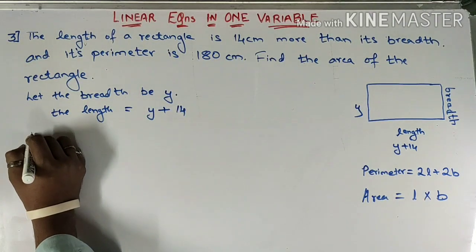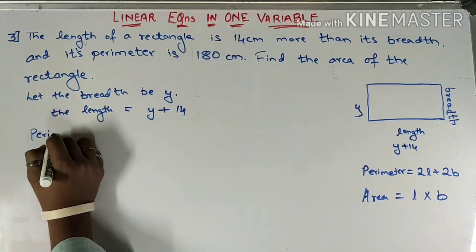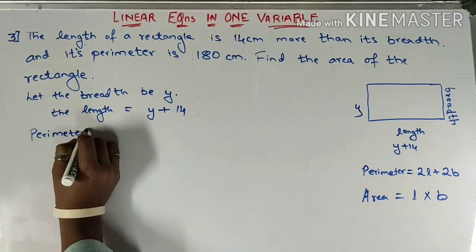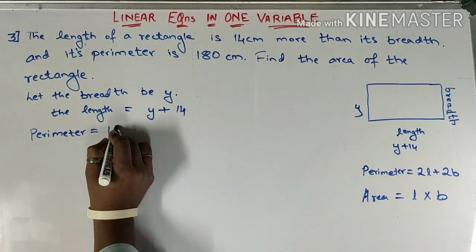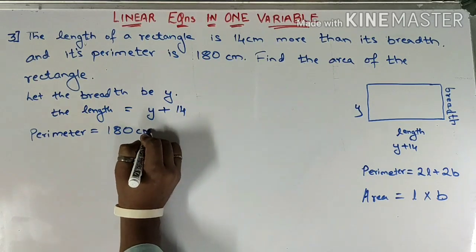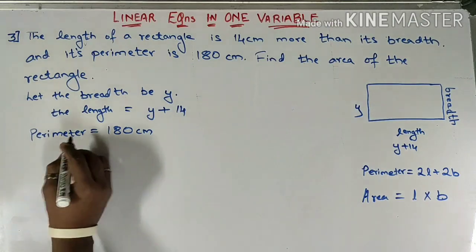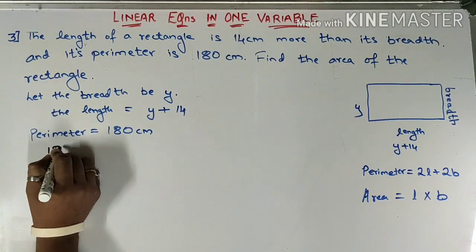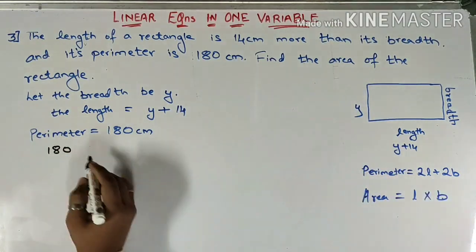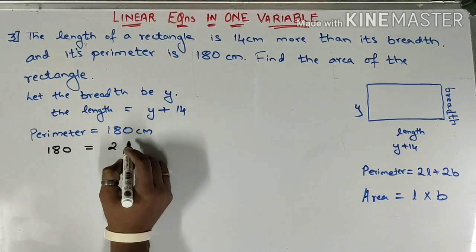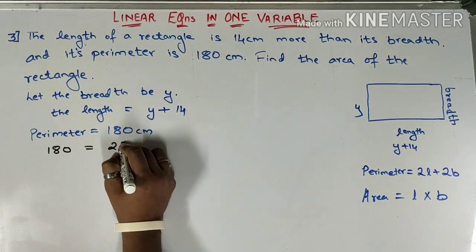So using these two relations that we have and the given condition, let's move ahead. So perimeter, I am writing all the given things in blue and will be solving with black. So these are the given things. Perimeter is 180 centimeter. Perimeter, what we know from the formula, is equal to 2 into length. What is length?